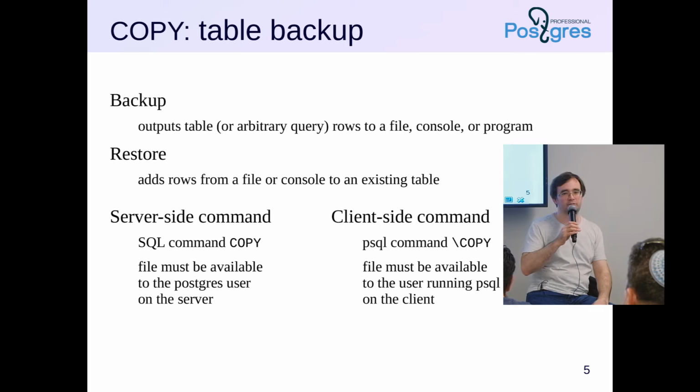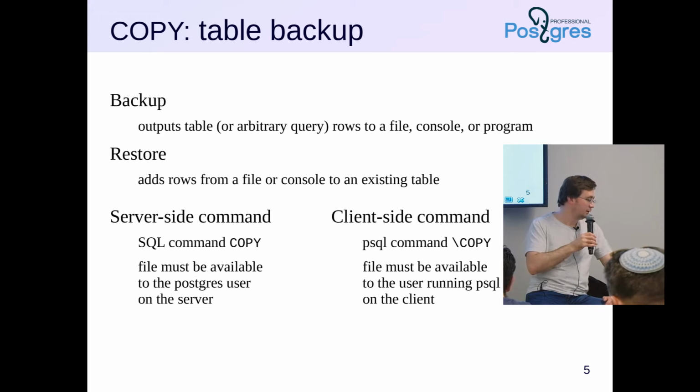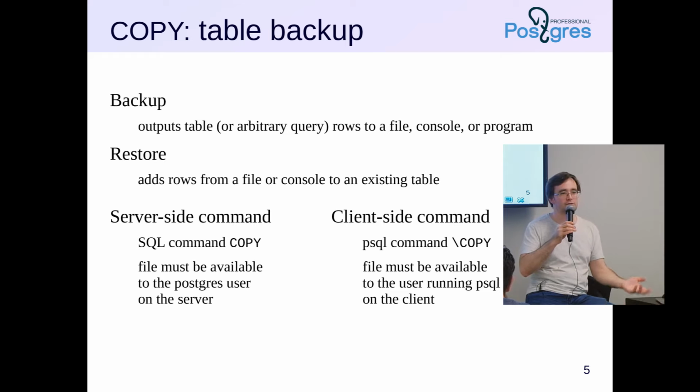Format is configurable. You can use comma separated fields or some other formats. And then you can use the same command to read this data and to put it into a table. Table is not truncated, so it just adds these rows to all existing data.